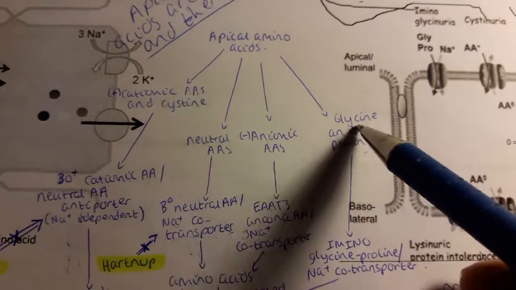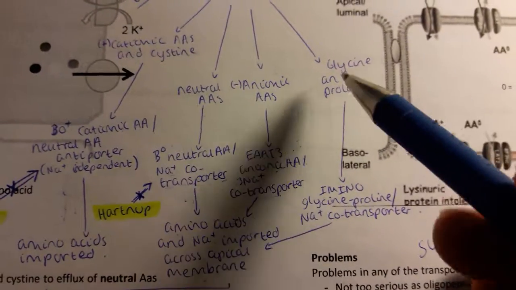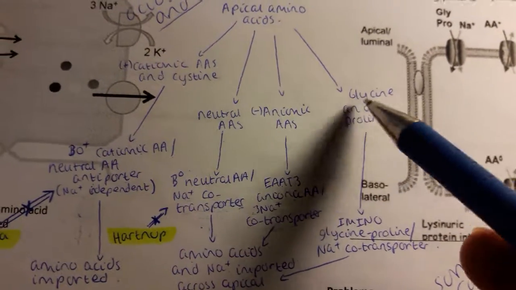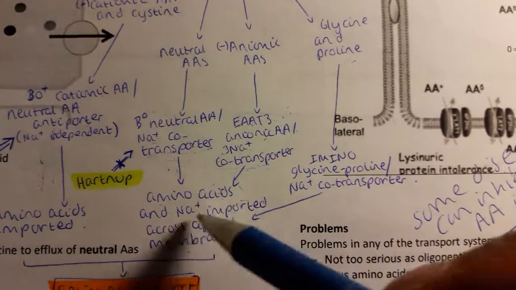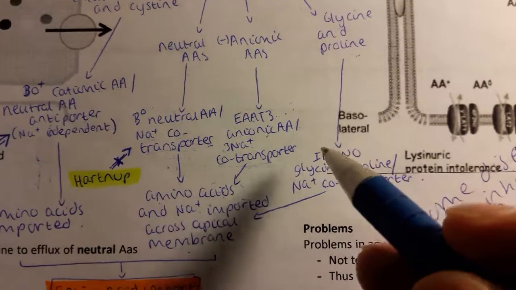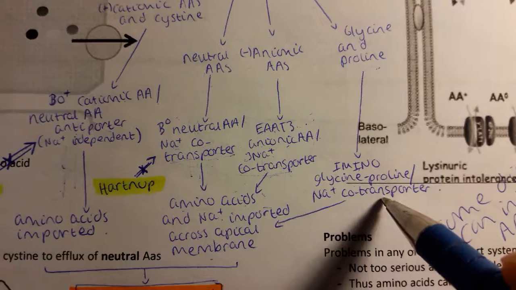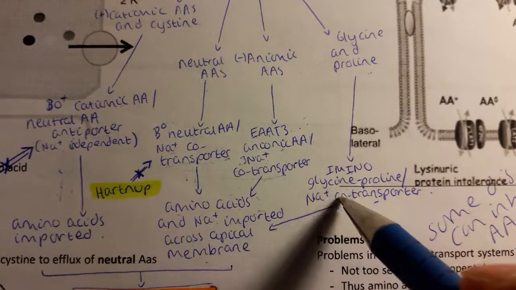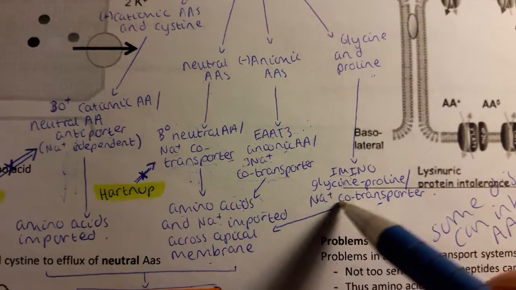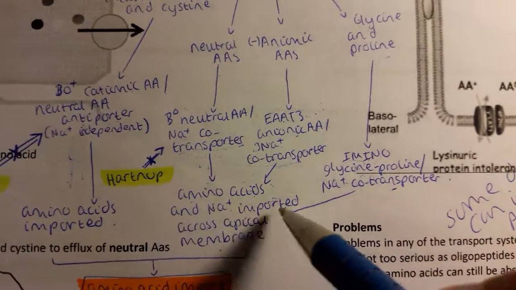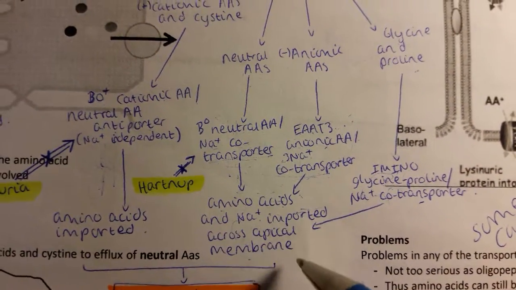And finally, we have glycine and proline, which are 2 other amino acids in a category on their own. Glycine and proline are imported across the apical membrane using this amino acid glycine proline sodium cotransporter. So, just like these 2, it's sodium dependent, it's a cotransporter, and it results in the import of sodium as well as the amino acids across the apical membrane.